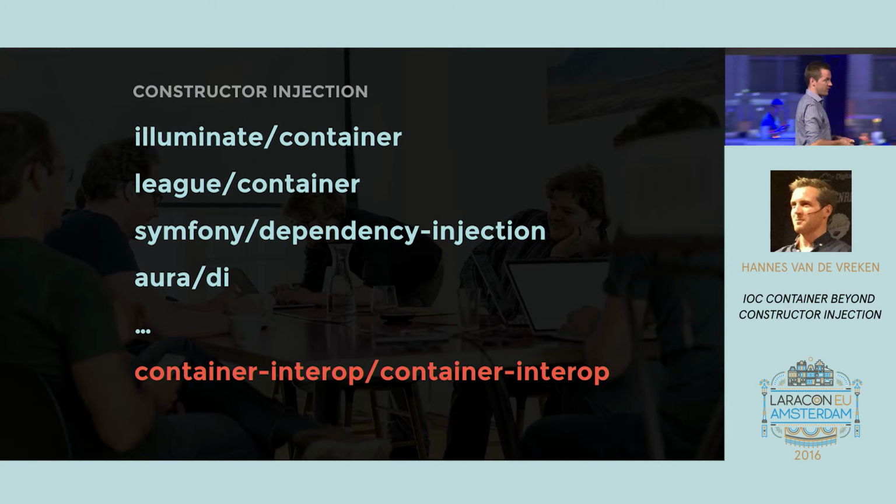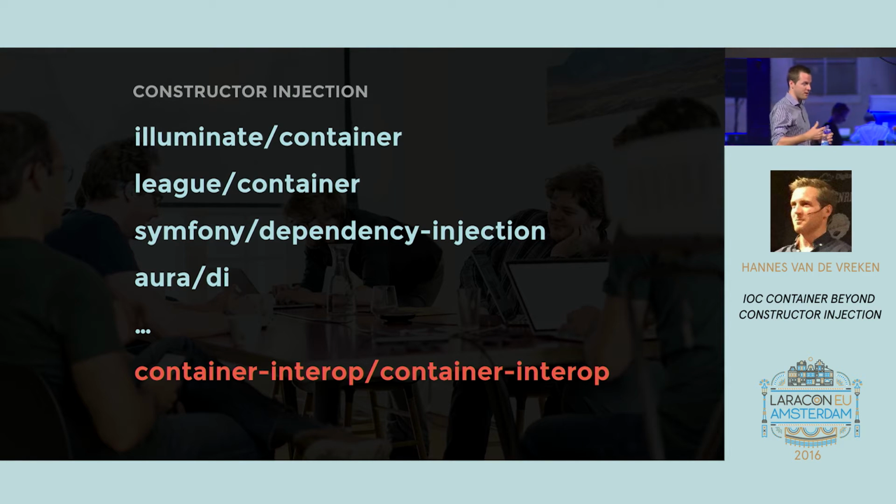If you go to packagist.org, you can see that there's a couple of implementations out there. The first one is Laravel's container, but there's also different containers like the League container, Symfony dependency injection, PHP-DI. A lot of these containers are used in different frameworks. And to be interoperable between frameworks, there's also the container-interop package, which is a set of interfaces that you can use to swap out different containers between whatever application you have.